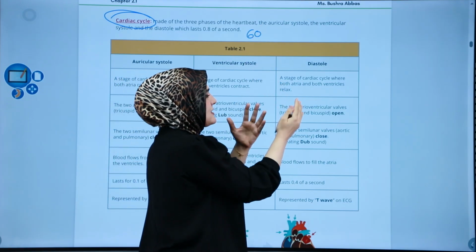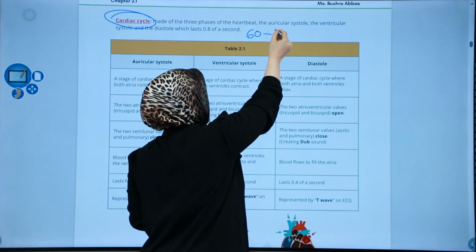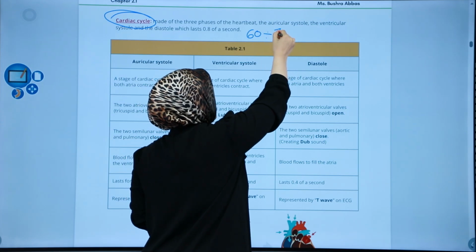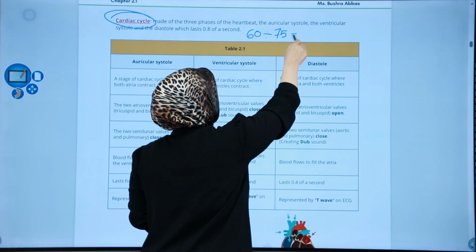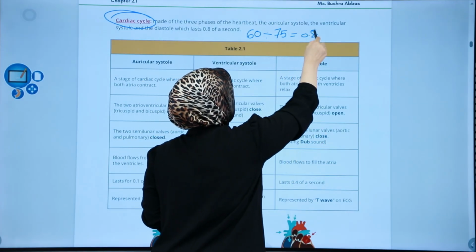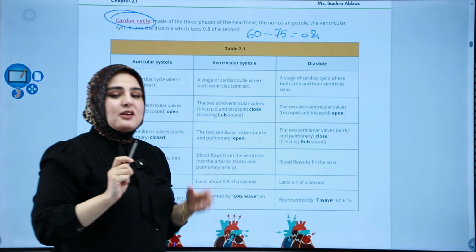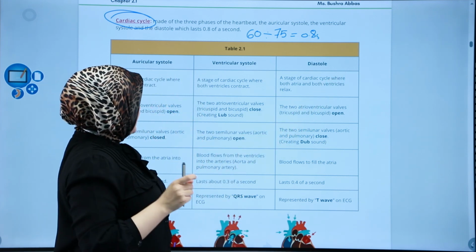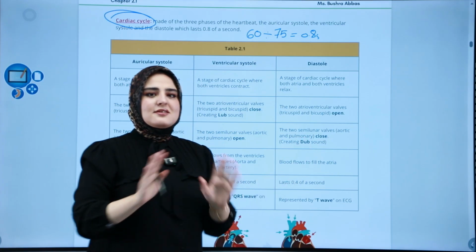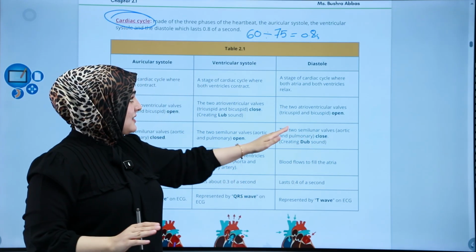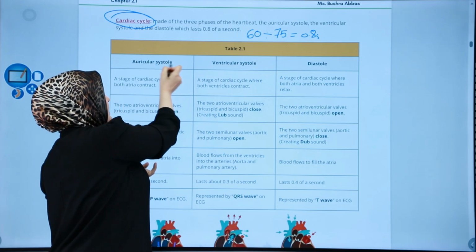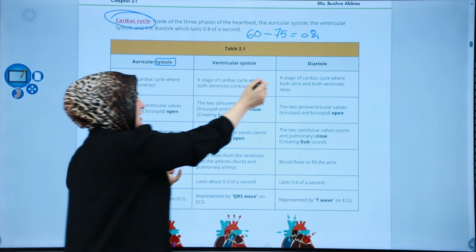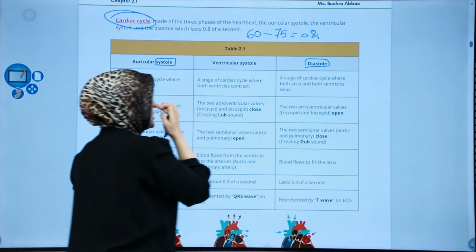A minute is 60 seconds, and if you divide it by the average number of beats of a human, which is 75 times per minute, you get 0.8 seconds for each beat. So this takes about 0.8 seconds. Remember that.